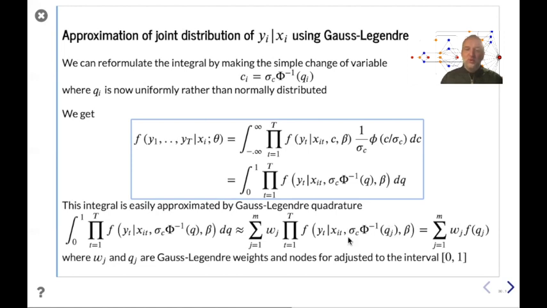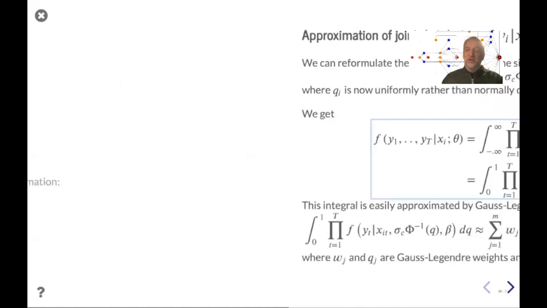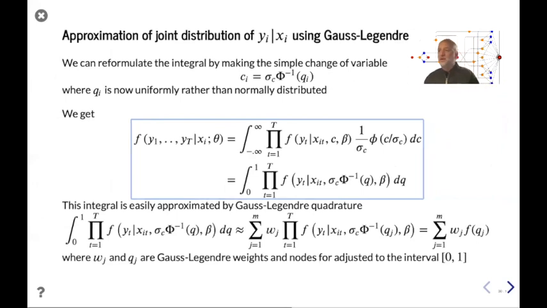Now Q are the quadrature nodes, and these are the quadrature weights. This is essentially the same form as we had before. Of course, the weights I'm using here on the next slide are already adjusted to be on the interval A to B, where A is 0 and B is 1.